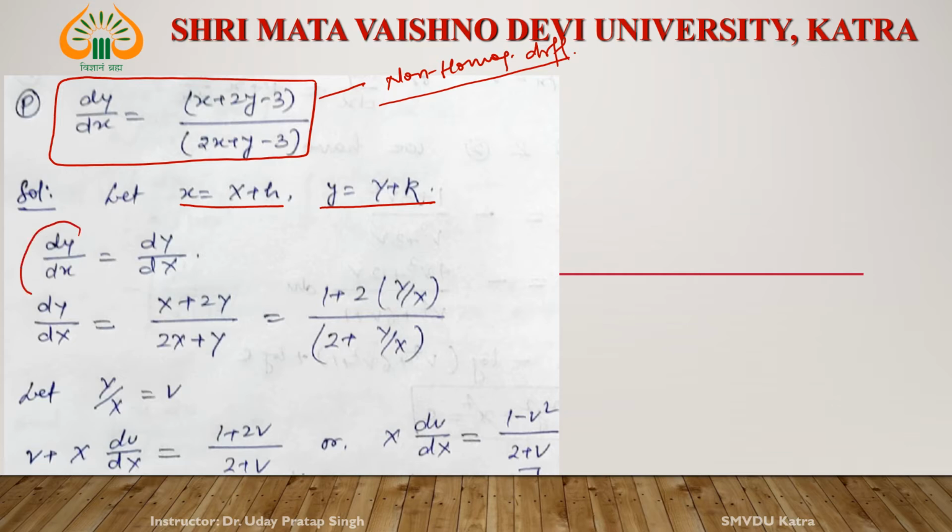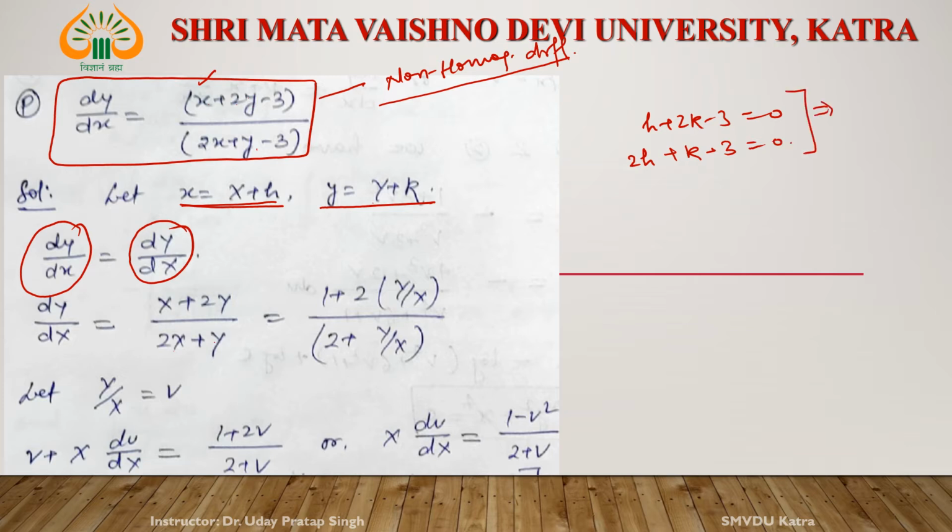So dy by dx equals d capital Y by d capital X. Then put small x equal capital X plus h, and y equal capital Y plus k, giving h plus 2k minus 3 equal to 0. Similarly, the denominator 2 capital X plus capital Y, and 2h plus k minus 3 equal to 0.